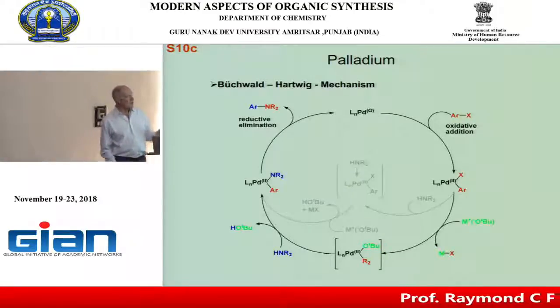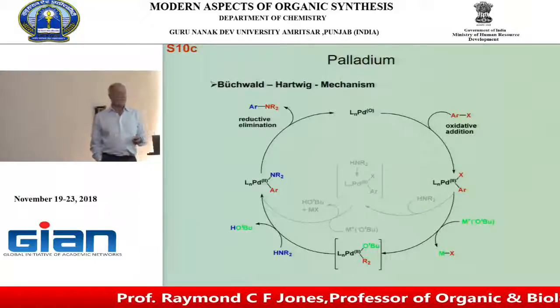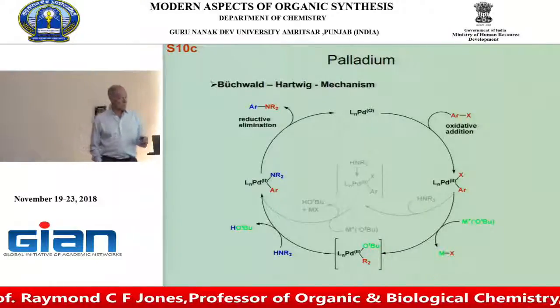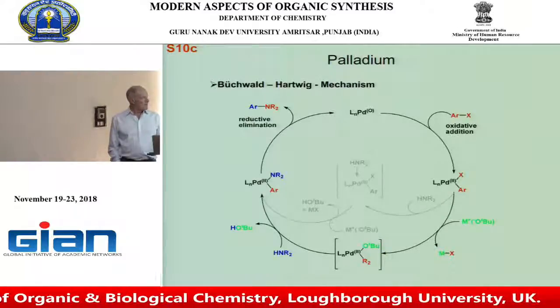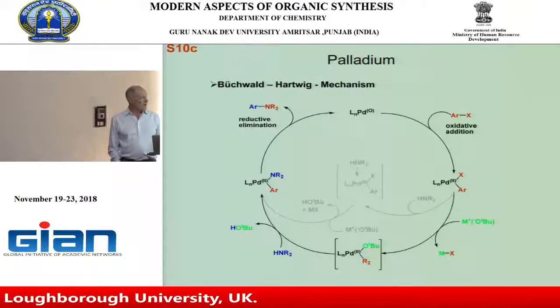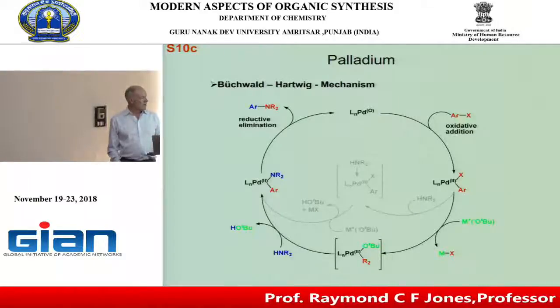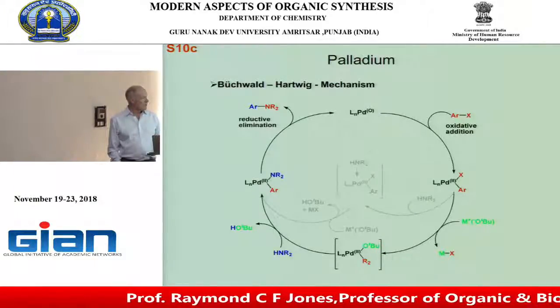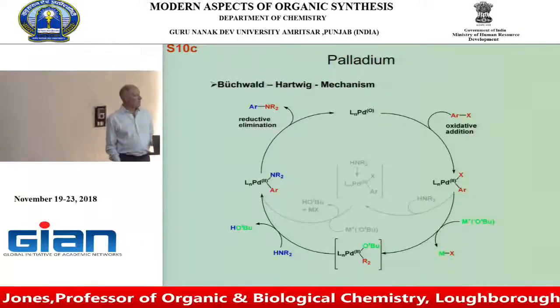And it's believed that both of those pathways operate. So here we're saying alkoxide exchange for the leaving group that was on our aromatic ring, and then the alkoxide is substituted by the amine.